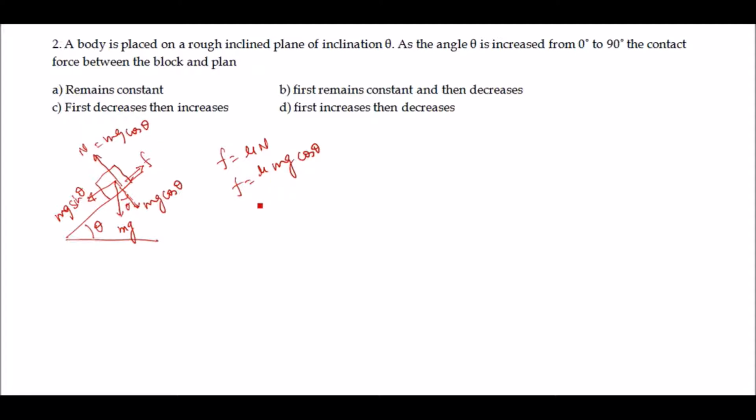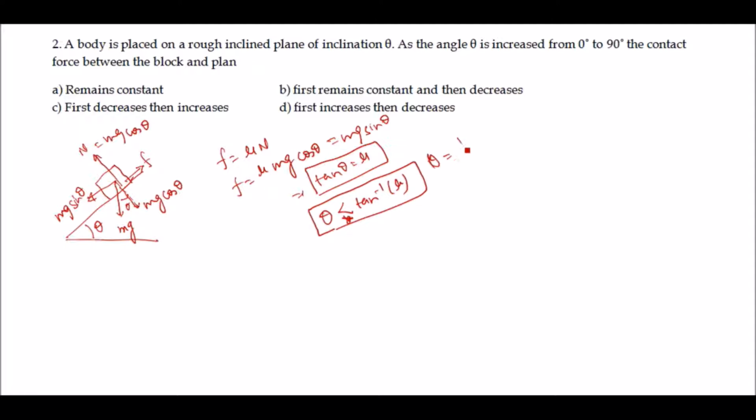This object will not move till the frictional force is equal to mg sin theta. So till tan theta is equal to mu, this object will not move. That is, for theta less than or equal to tan inverse mu, this object will not move, and at theta equal to tan inverse mu, it will just start moving along the plane.